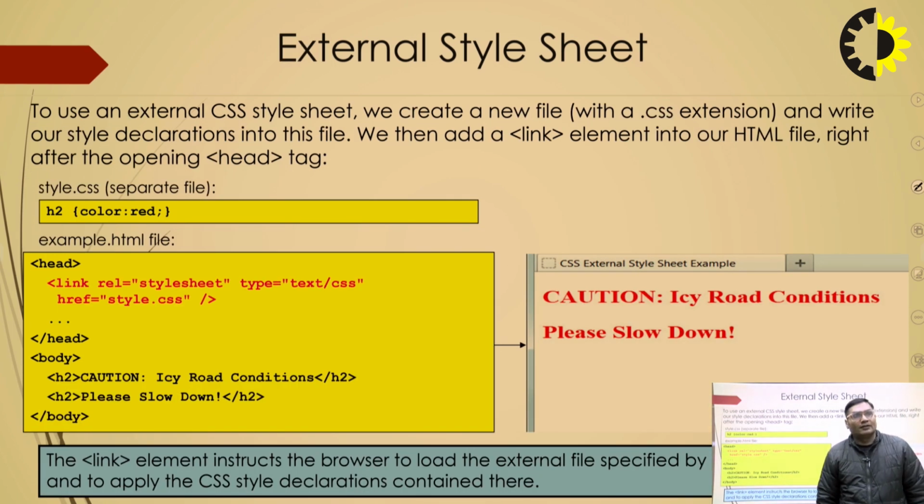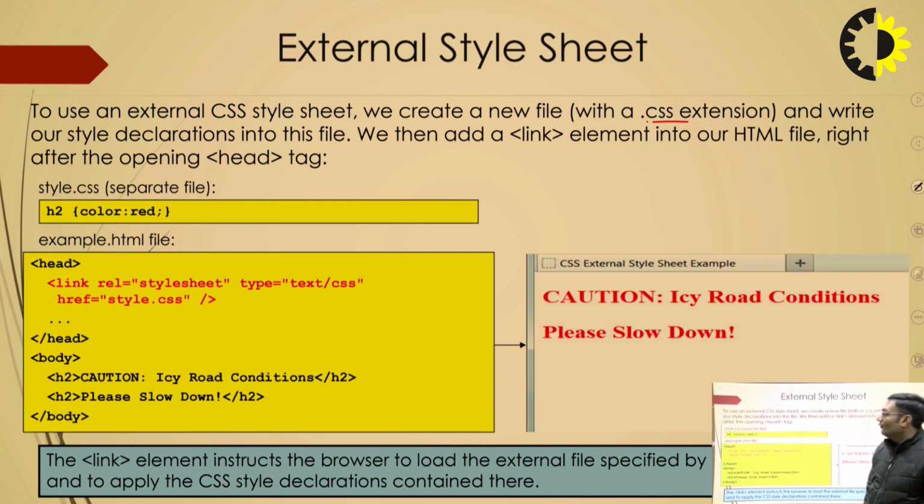External CSS. When CSS is written inside an external file, that file is saved with a .css extension, and this CSS file is linked with another HTML file where we want to apply the rule, then this type of CSS is called external CSS.